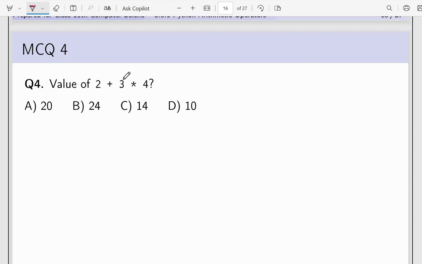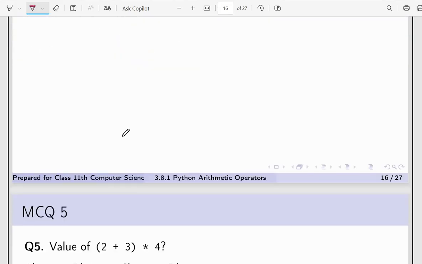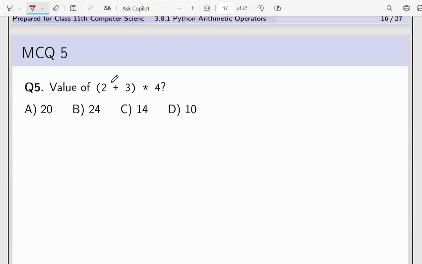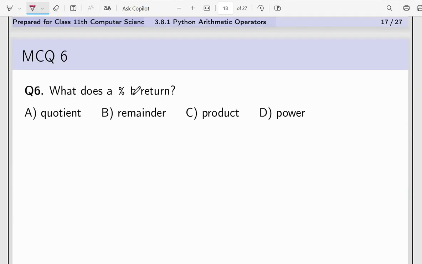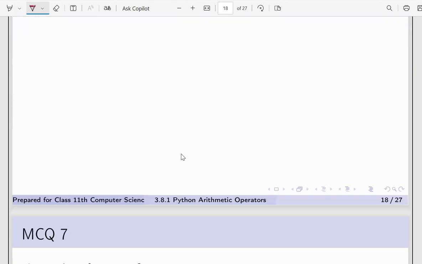Question number 4. 3 times 4 will give you 12, plus 2, 14. The answer is 14. Question number 5. 2 plus 5 times 4 will give you 22. Question number 6. What does a % b return? It will return the remainder value, the remaining value.